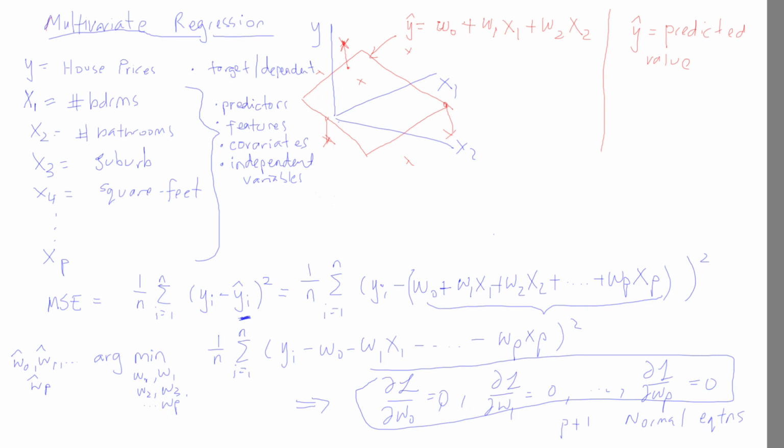So let me introduce some new notation. This is going to be slightly beyond the scope of the course. But if you're really interested in machine learning, there's really no way of getting around the idea that we need matrices and vectors. Okay, so instead of writing w0, w1, w2 to p, I'm going to just introduce this w vector, which is going to be a column vector.